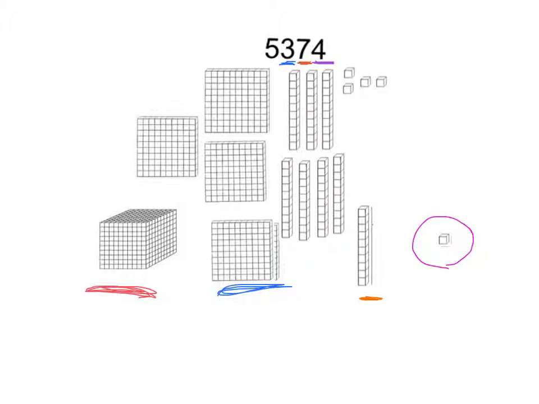Alright, the next column. What is the name of the next column? We have our ones, our tens, our hundreds, and our thousands. In this number, we have how many thousands? That's it. We have 5 thousands.